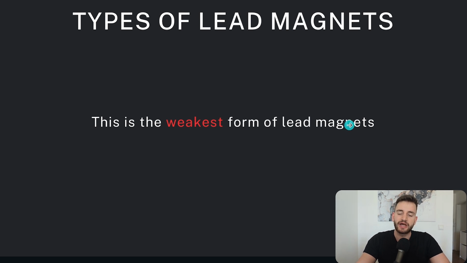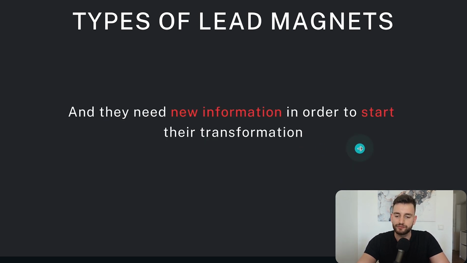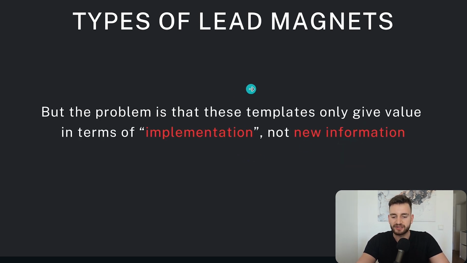And to really drive this point home, guys, this is the weakest form of lead magnets, and I am going to explain to you why that is. So, lead magnets are mostly something that beginners profit from, and they need new information in order to start their transformation. But the problem is that these templates only give value in terms of implementation, not new information.